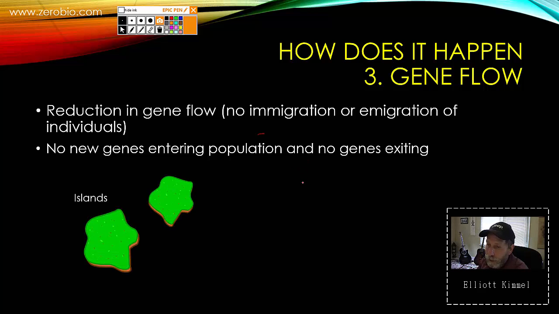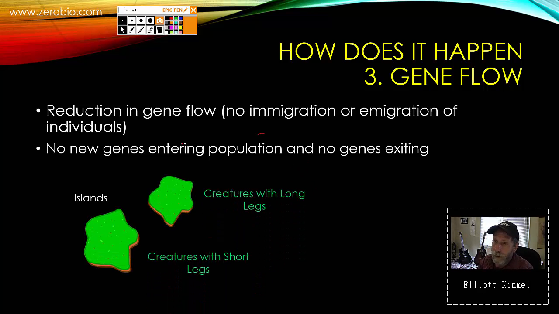So let us look at a scenario here, okay? And I've already mentioned this, but on this island, we have creatures that happen to have long legs. And on this island, we happen to have creatures that have short legs. And it works for them on island A, and it works for these guys on island B. If they were able to breed with each other, then over time, this long leg trait would be diluted out.